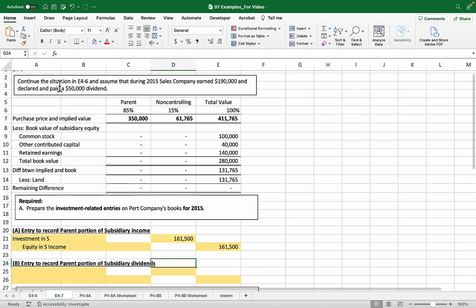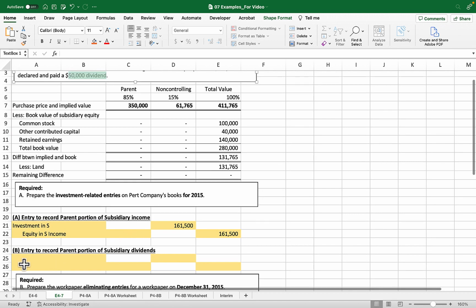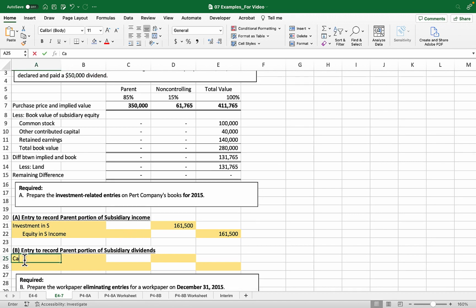And so our subsidiary paid a $50,000 dividend. And as we are an 85% shareholder, that means that 85% of those dividends did come to us as the parent. So we would have gotten a check in the mail. So we're going to debit cash. And that check in the mail would have been for $50,000 times our ownership percentage, or $42,500.